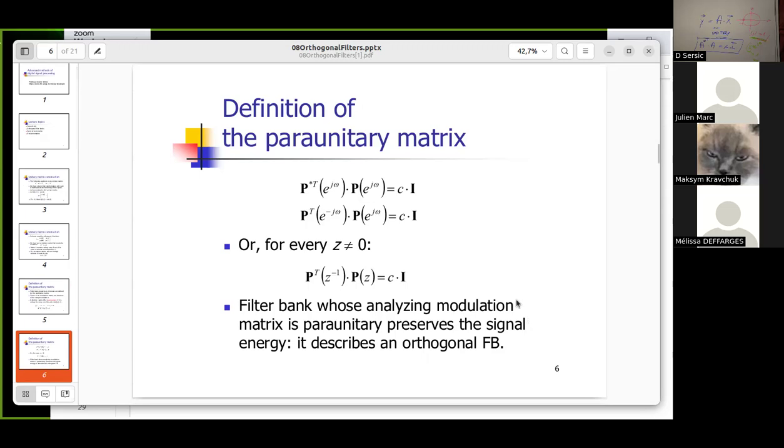And here you can see, what does it mean, conjugate? If your matrix is a real function of the complex variable, in that case, the conjugate operator corresponds to change of sign.